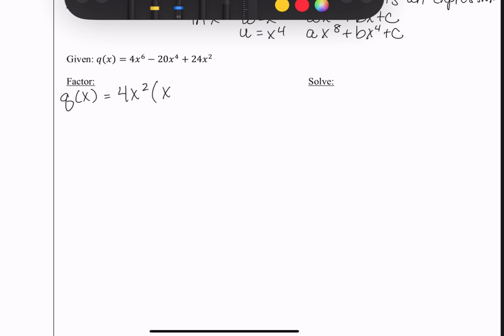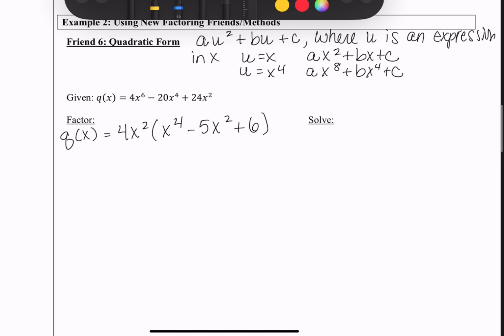I've got x to the 4th minus 5x squared plus 6. The trinomial that is left can actually be thought of as a quadratic form, where I have just made u an x squared, because x squared gives me x to the 4th. And notice this is u right here.